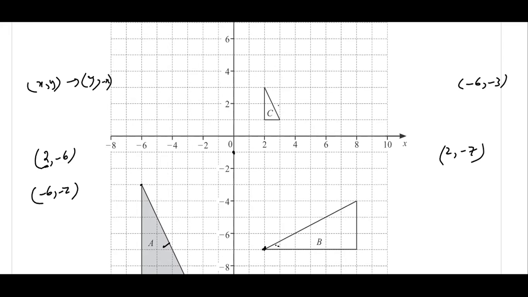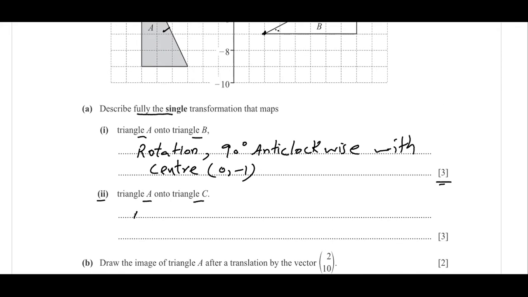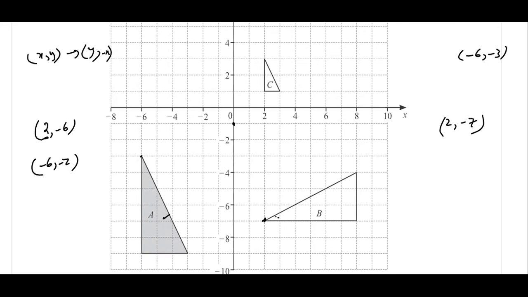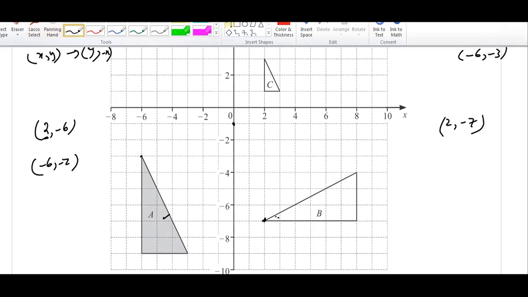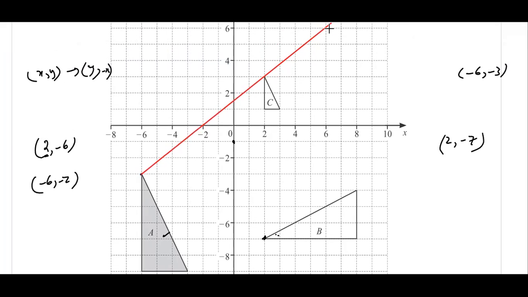Clearly, look, the triangle gets smaller. It means it is enlargement. So you will say this is enlargement. For enlargement, we need the center of enlargement. For the center of enlargement, what we will do, I will take, for example, this one, I will join with the corresponding one and increase it further.